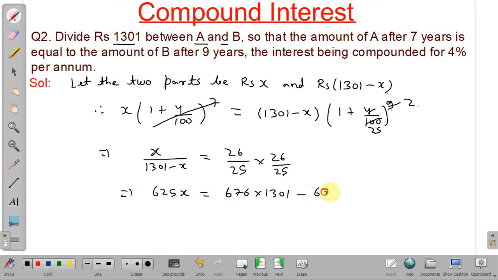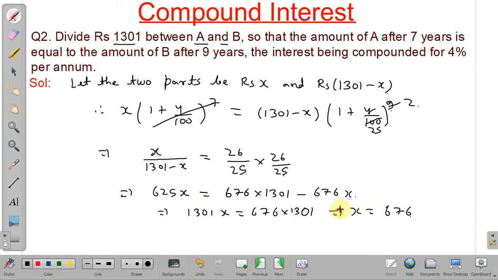minus 676x. Okay, and from this we will get 1301x equal to 676 into 1301, and this will give x equal to 676.